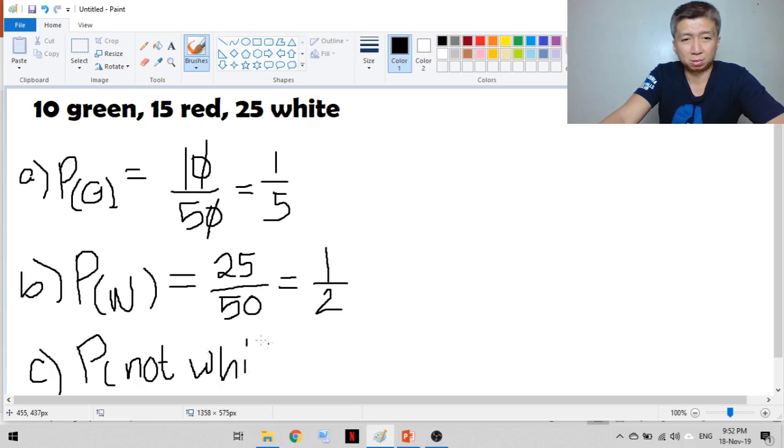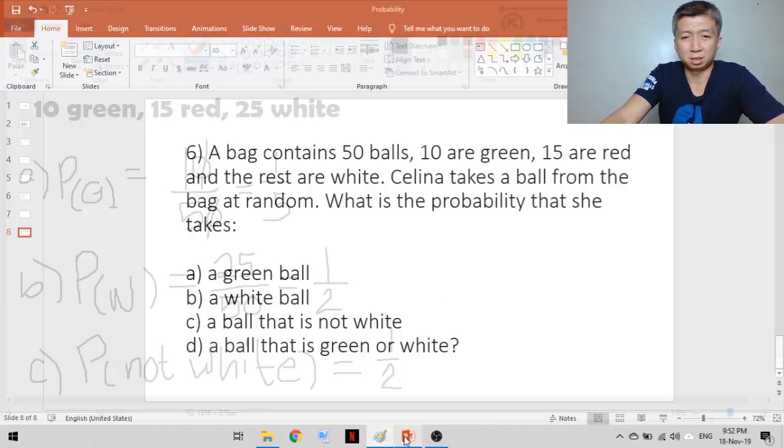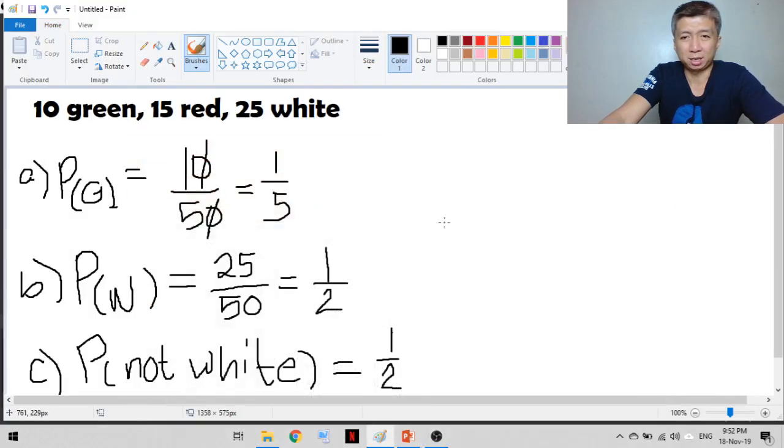Sorry guys for my handwriting. Not white. So, the same pa rin. Isusulat ko na lang yung simplified, no? So, 1/2. Pareho lang. And last na. Tapos, recess na.